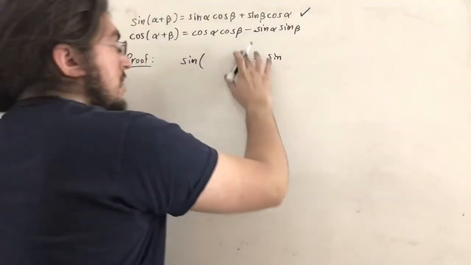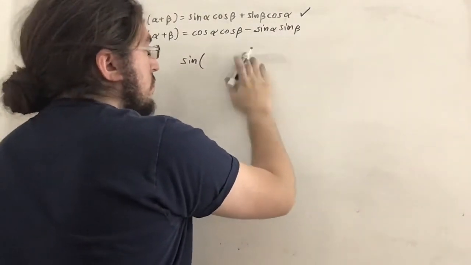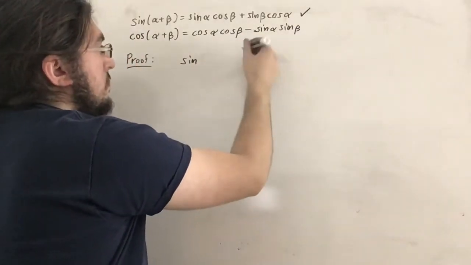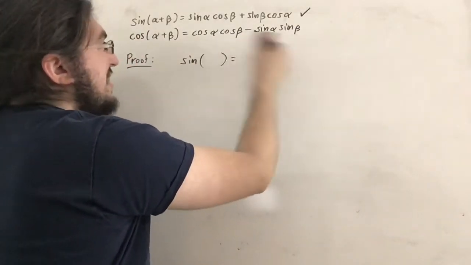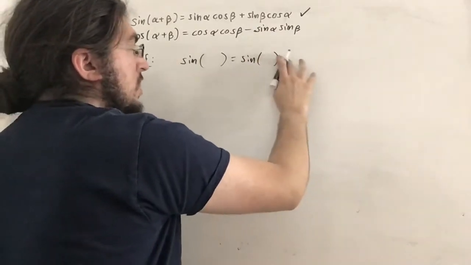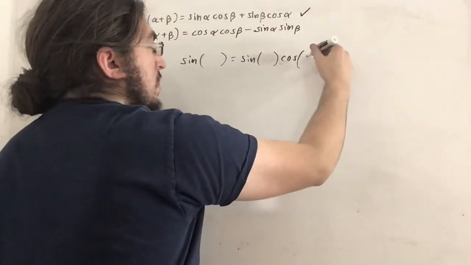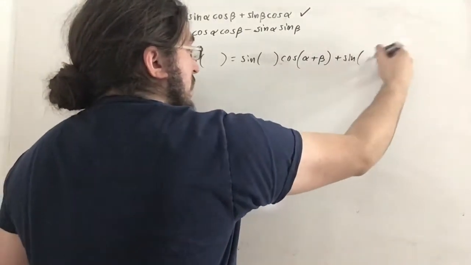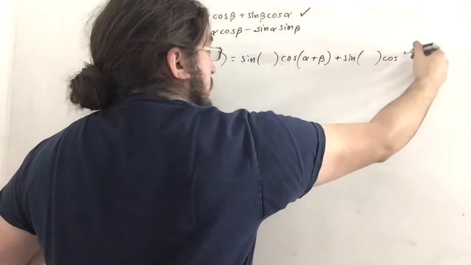So let me show you. I'm going to write sine of, well, just bear with me. So I'm going to write sine of something equals sine of something else times cosine of, I want that to be alpha plus beta, plus sine of something, cosine of something.